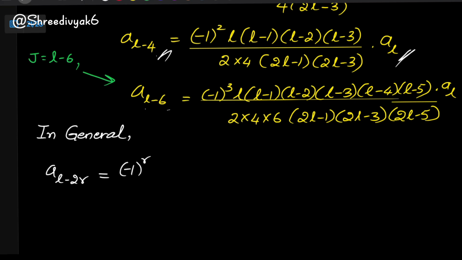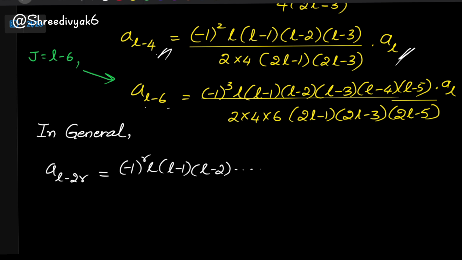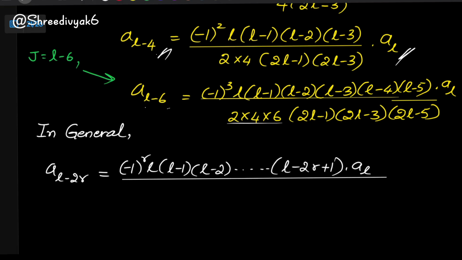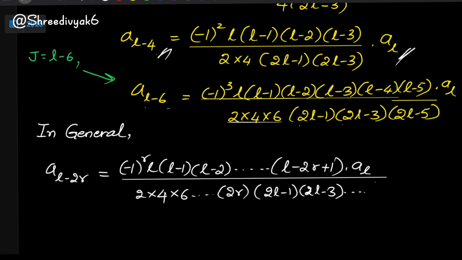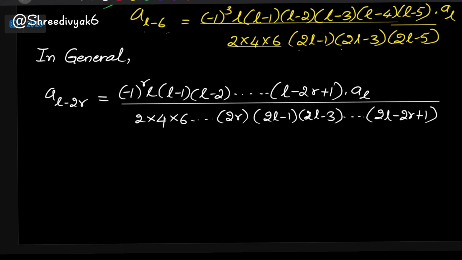So minus 1 raised to R into L into L minus 1, L minus 2, so on up to L minus 2R plus 1, into A L. The whole thing is divided by 2, 4, 6 and all, so I'll get 2 into 4 into 6, so on up to 2R, and for the next, 2L minus 1, 2L minus 3, so on up to 2L minus 2R plus 1. So this is my general thing.